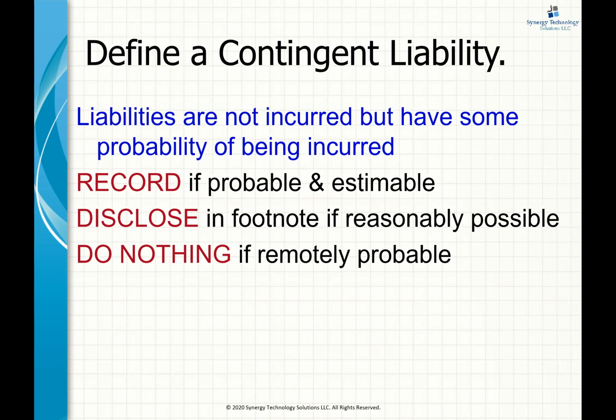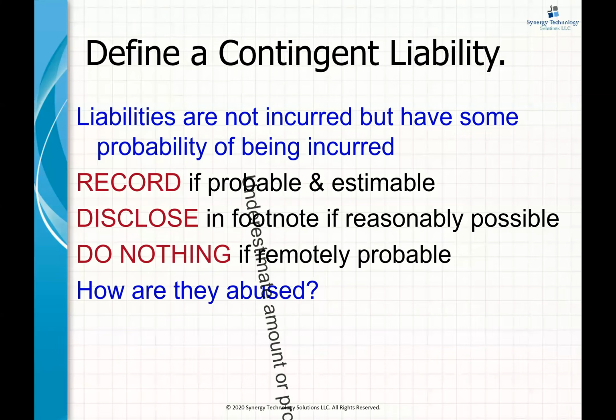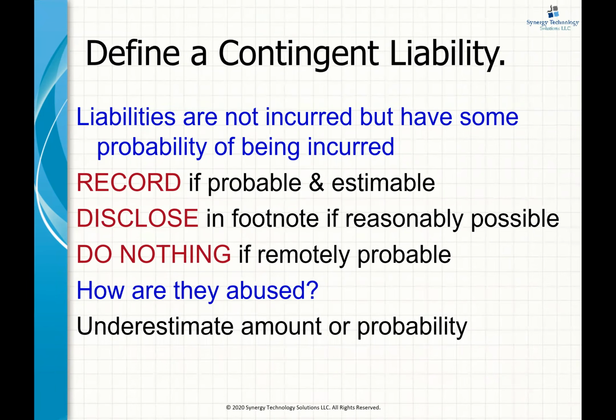If there is media news that the company is going to lose this much money and the company did not disclose it, and you did not pay attention to it, you'll be in a very bad situation. They underestimate the amount of probability.